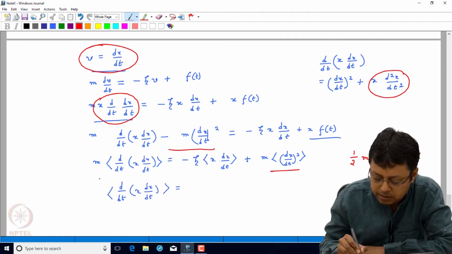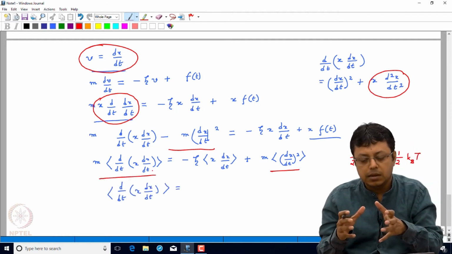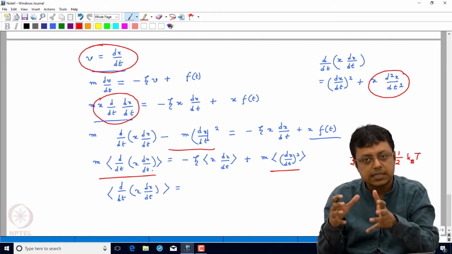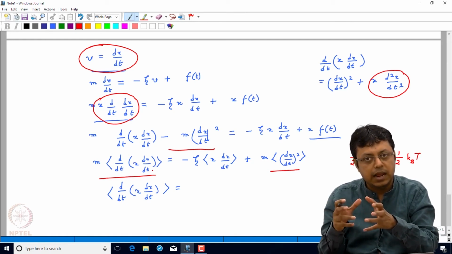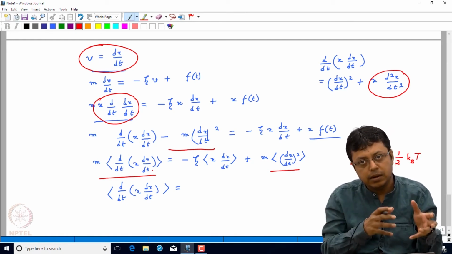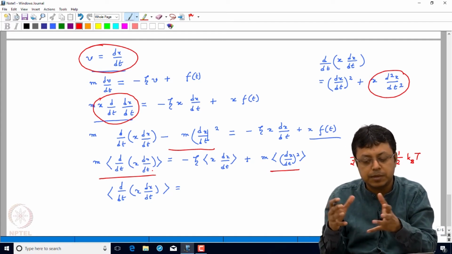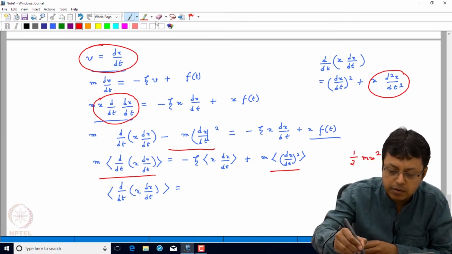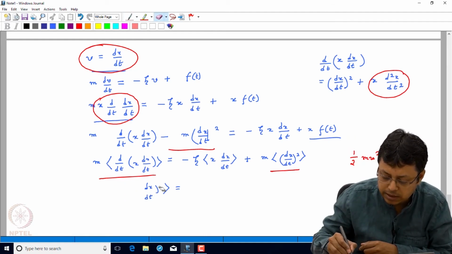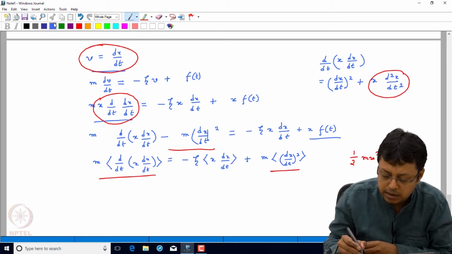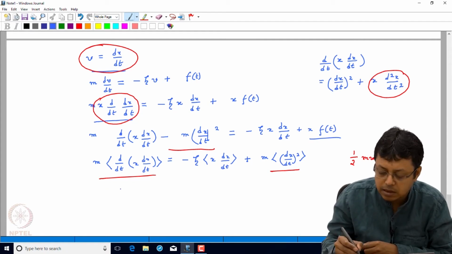I can make further simplification. I have m times the ensemble average of d/dt, a time derivative of x dx, that quantity. Then I can do the time derivative later, and first take the average, because this average is basically a special averaging. So instead of writing this term like this, I can divide both sides by m. The m I am not writing right now.